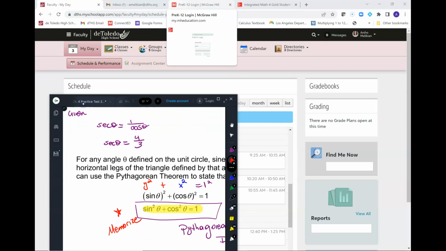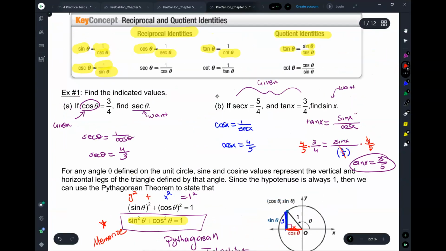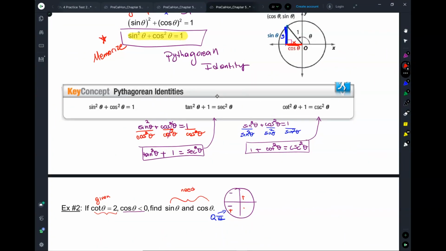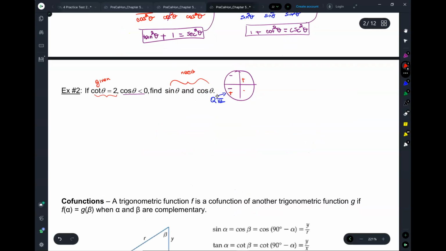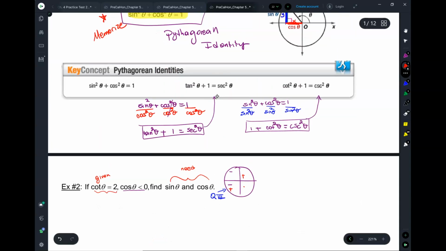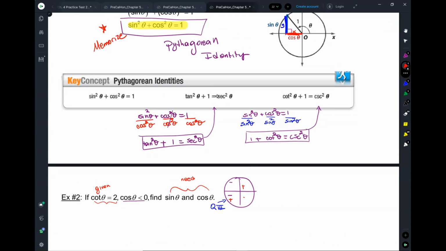Now we've got this box and we've got this box. And you want to see how you can relate cotangent to one of the ones you need, right? So the easiest way perhaps is cotangent shows up in this third Pythagorean identity.